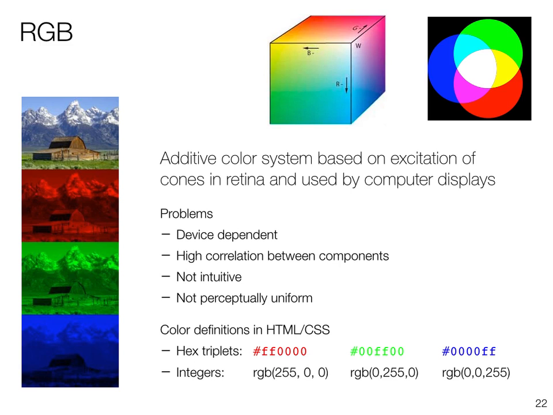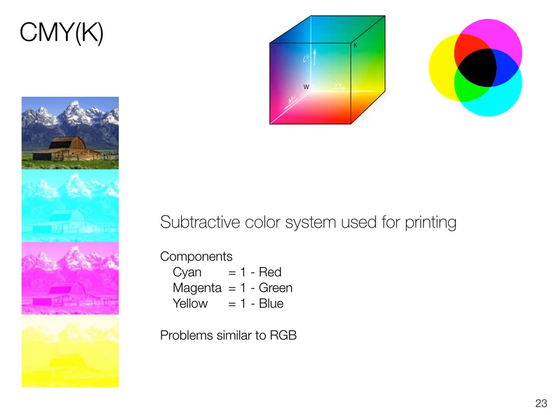This is an often used way of specifying colors. The sister color model to RGB is CMYK, which is a subtractive color system that is used for printing. It's basically the flip side to RGB, and we have similar problems that we just encountered with regards to RGB.